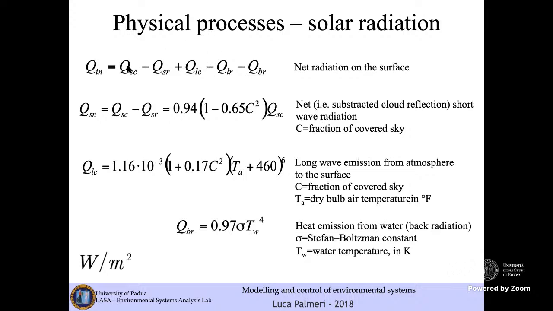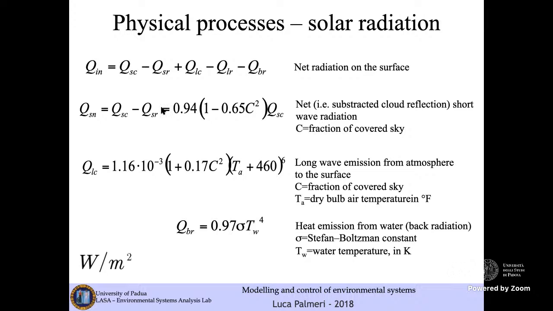So we have a first term that describes the short wavelength cloud effect minus the short wavelength reflection effect, plus a long wavelength quantity of energy assumed as absorbed by clouds, minus a quantity of energy reflected by clouds in the long wavelength range, minus the BR, that is the heat emission from water, that is the black body radiation.